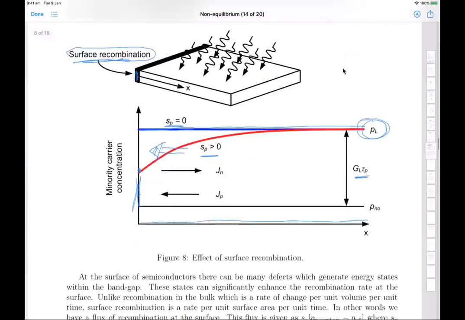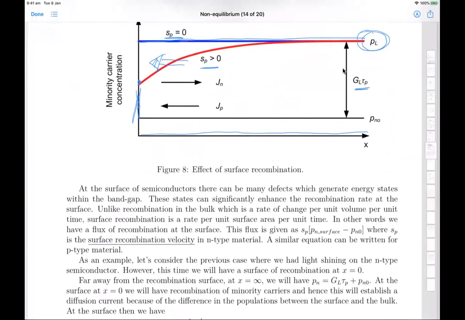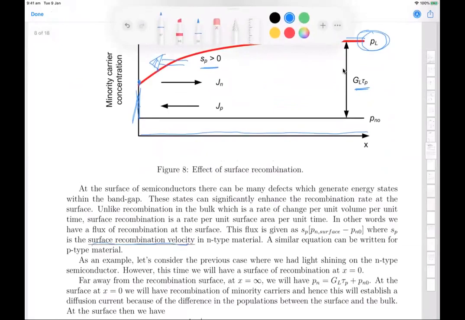So we can analyze this situation using the continuity equation. But first of all, we define what is called the surface recombination velocity. So in a similar way where we had the bulk recombination rate depending on deviation away from equilibrium, it still depends on the deviation away from equilibrium, but it's the deviation at the surface away from the equilibrium that's important.